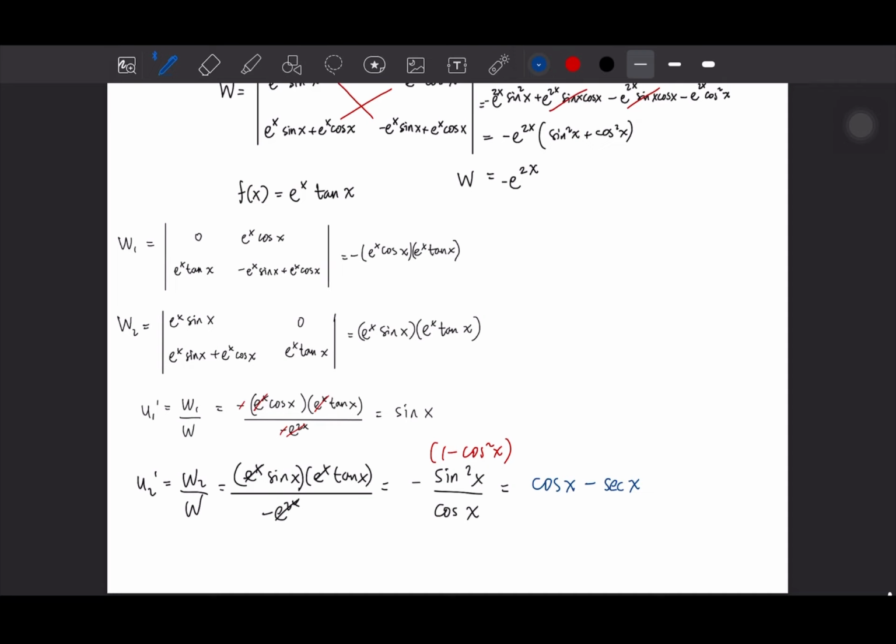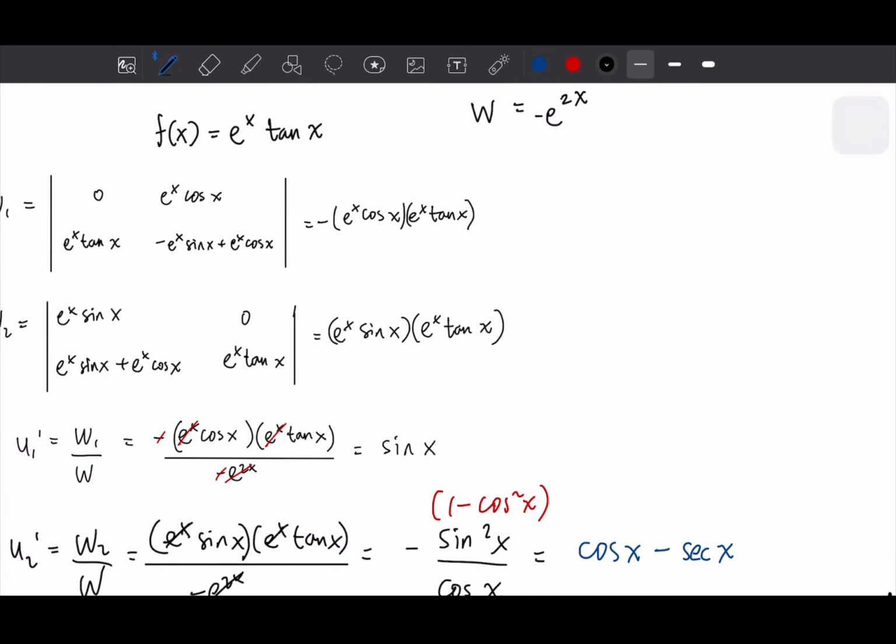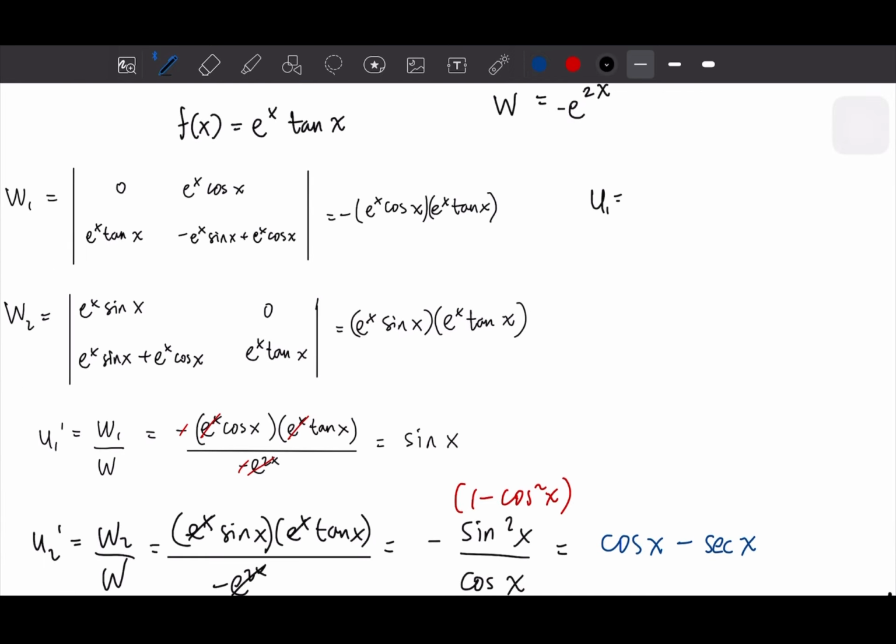Because I think this will be better. We want to integrate, and then take the integrations. So u1 is the integration of sin x dx, which is negative cos x. u2 is the integration of cos x minus sec x dx.